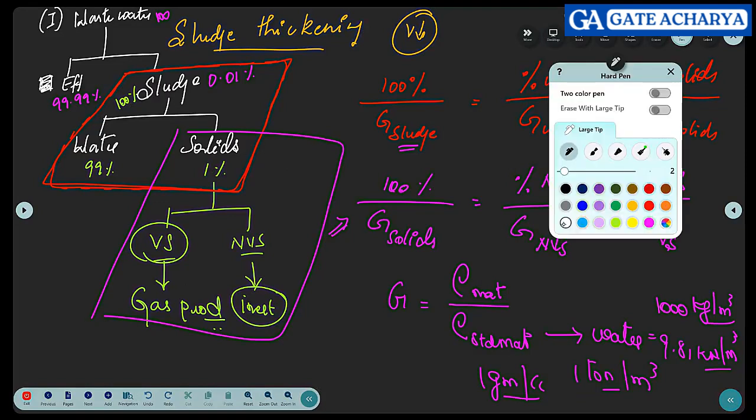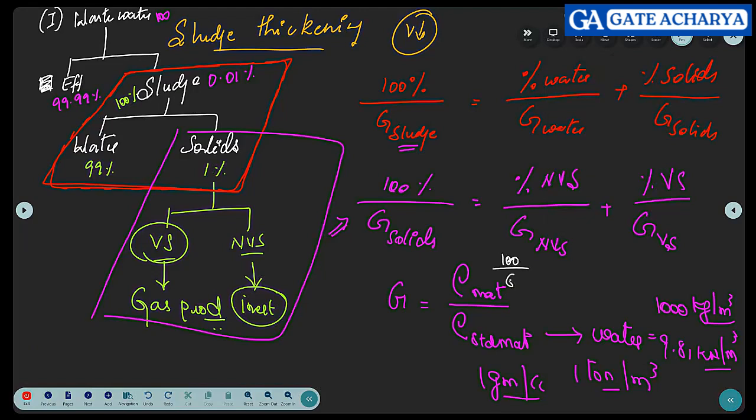So in this formula, 100 divided by specific gravity of solids equals, for non-volatile solids it is 25 with specific gravity 2.65, whereas this is 75 with specific gravity 1.95, right?